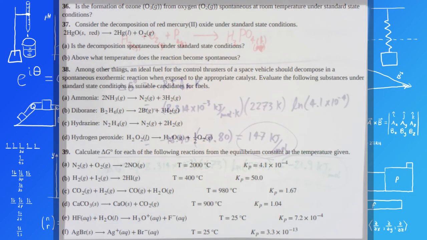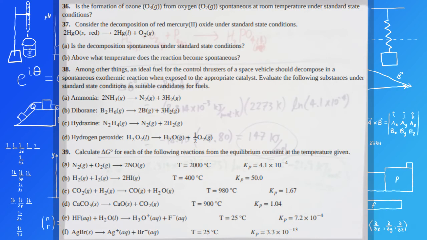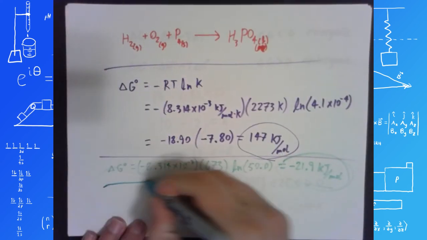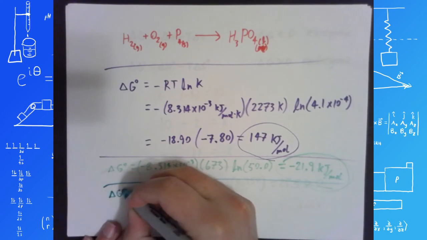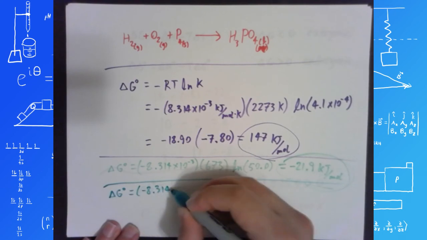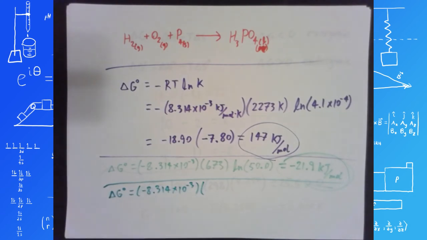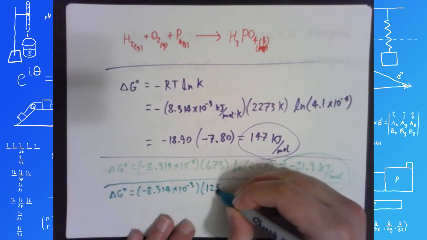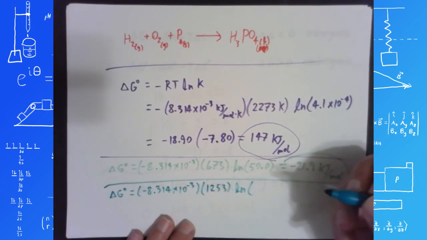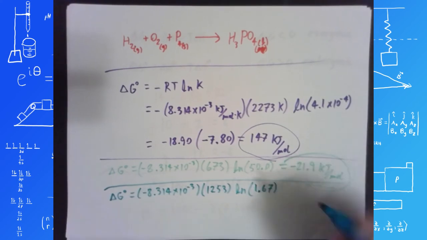And then part C, we've got 980 Celsius and 1.67 for our K value. So delta G standard is negative 8.314 times 10 to the negative 3 times, they said 980 Celsius, 980 plus 273 is 1253, times natural log of, was it 1.67? Yeah. Okay.